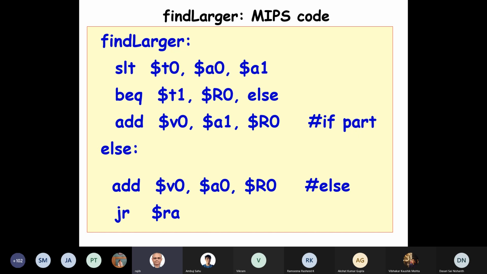If it is 0, then we jump to the else part. Otherwise, in the if part, we just put A1 into V0, because that's how we'll return the result in V0 and find that A1 is larger. In the else part, we just put A0 into V0 and then we call the JR. Simple code. I hope everybody will be able to write.